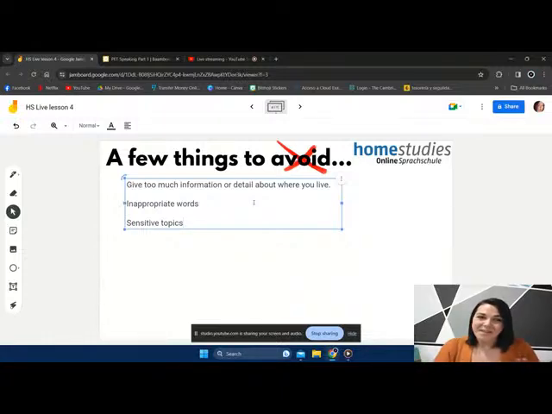So if the candidate gives some very interesting or very sensitive information, the examiner is not able to respond. It's not going to lose you any marks, but it's just not really appropriate for the situation. So I would just avoid that. The only thing the examiner can really say to you is, okay, thank you, which, depending on what the information they've received, it can seem a little cold.